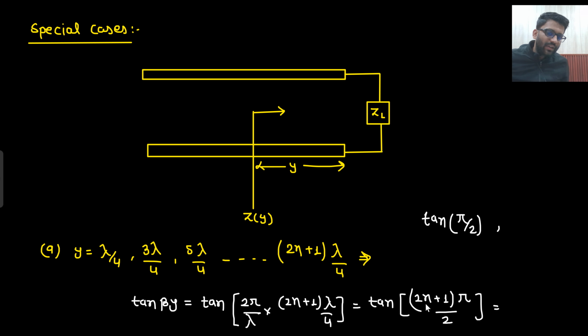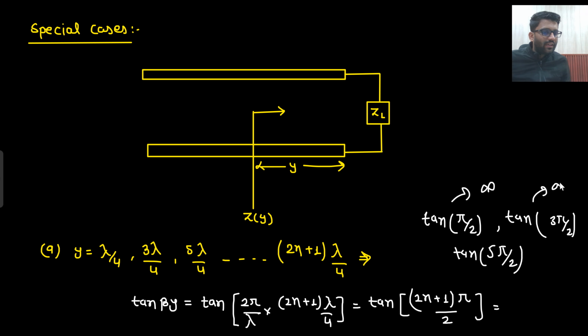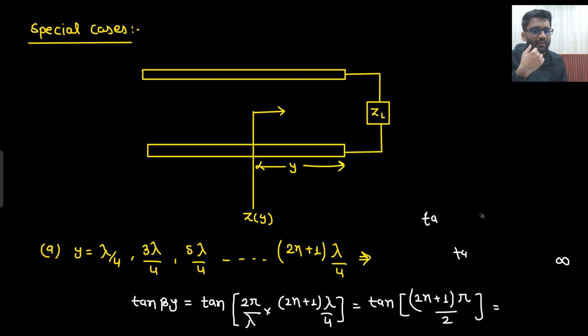If n equals 1, tan 3 pi by 2. If n equals 2, tan 5 pi by 2. The values of all these are infinity only. So tan beta y is infinity in this particular case.